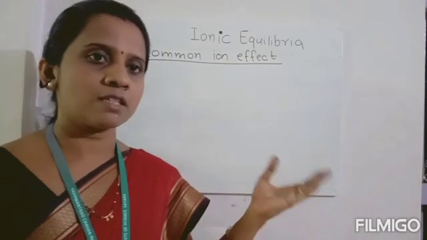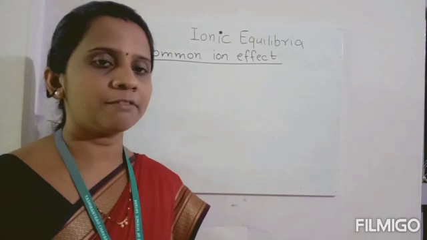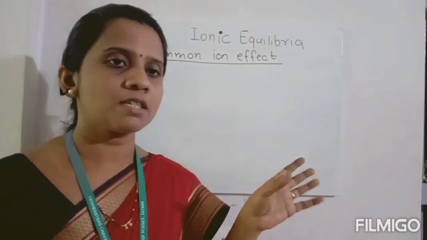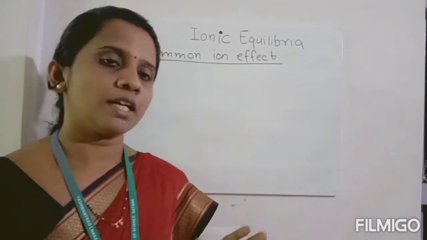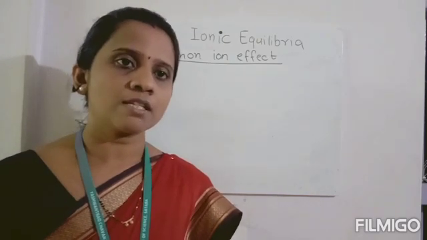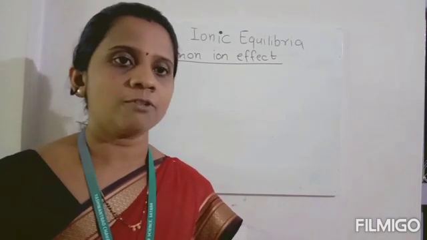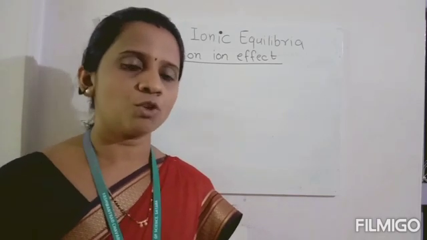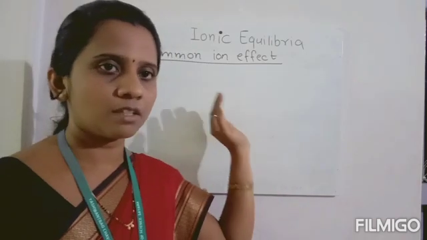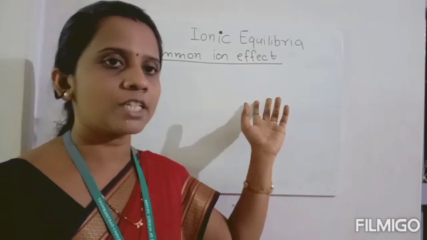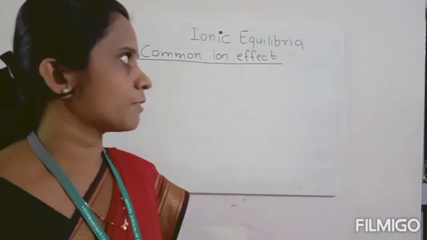There must be the presence of a common ion between two. That means common ion means there are two components and from those components we can find out the common ion and what is the effect. If the common ion is present, what will be the effect? That is given in this common ion effect. So first we will see the definition. What is common ion effect?